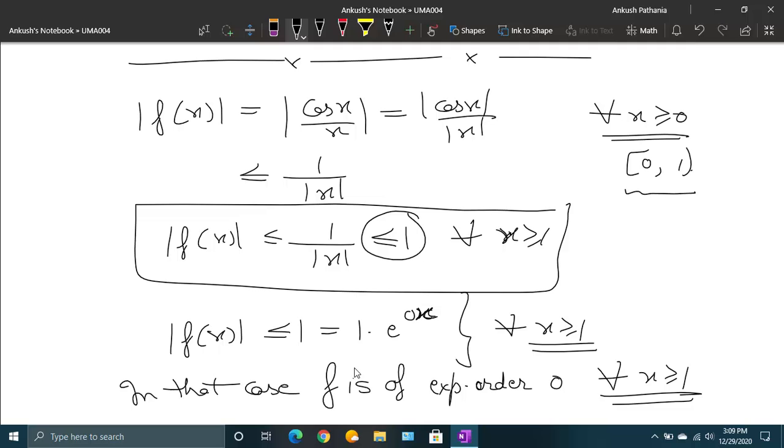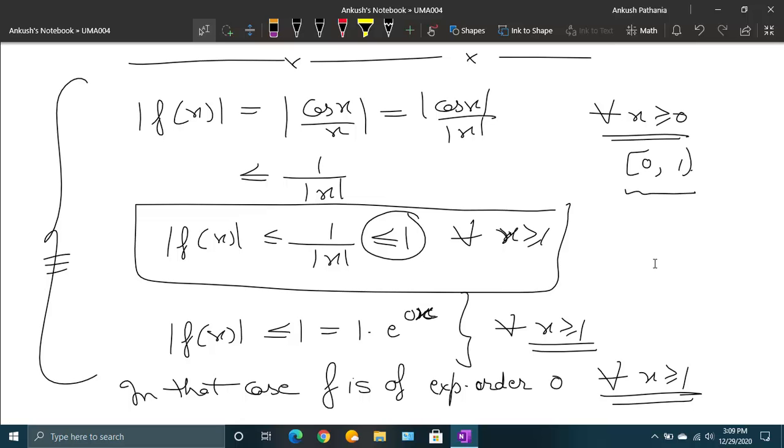However, if we are considering x from 0, then that is not possible, because at 0 the function is not bounded. So this is in addition to the given question: yes, this function is piecewise continuous for all x greater than or equal to 1, but not for x greater than or equal to 0, because you have a problem in the interval closed 0 to open 1.